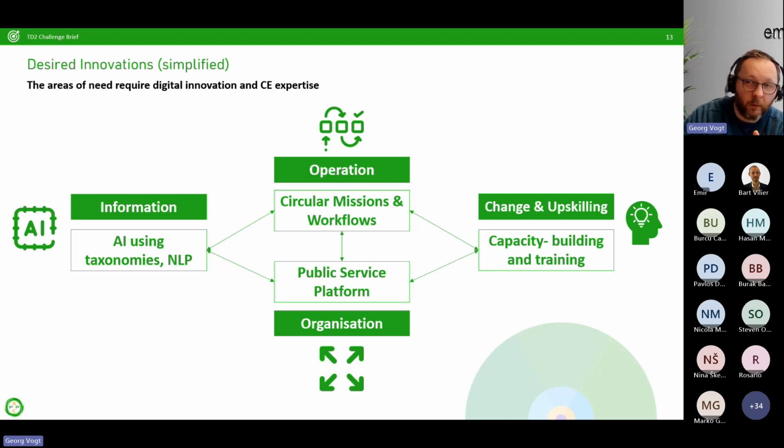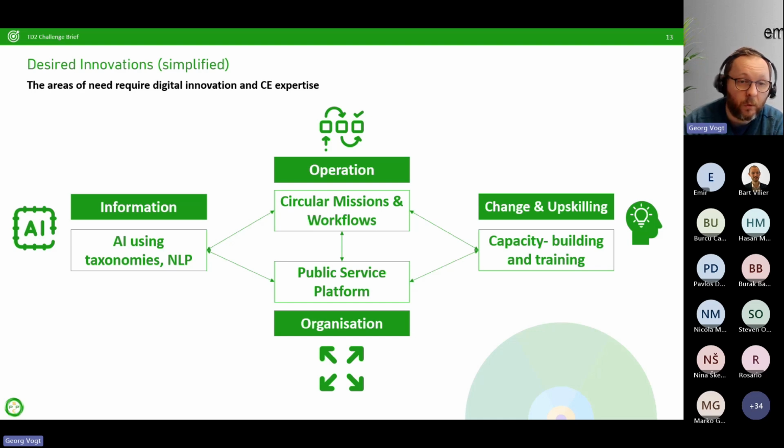And for this, we expect some sort of digital intelligence, be it AI or algorithmic or whatever, to go through the data available, publicly available, or in your own databases, and apply taxonomies to them so that you can explain what these case studies are, what circular economy is in the local language, using the terms defined in the taxonomy.